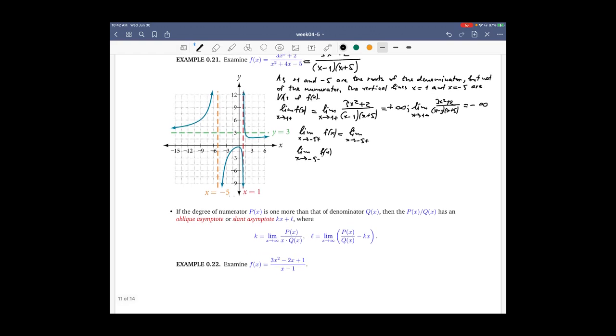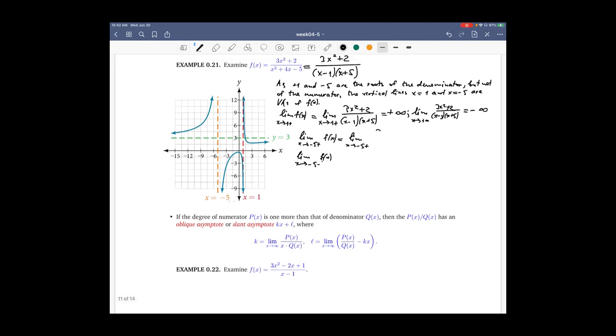A limit from the right at -5 is clearly positive infinity. That is because x is slightly greater than -5 implies this number is positive, this number is positive, and this number is always positive.